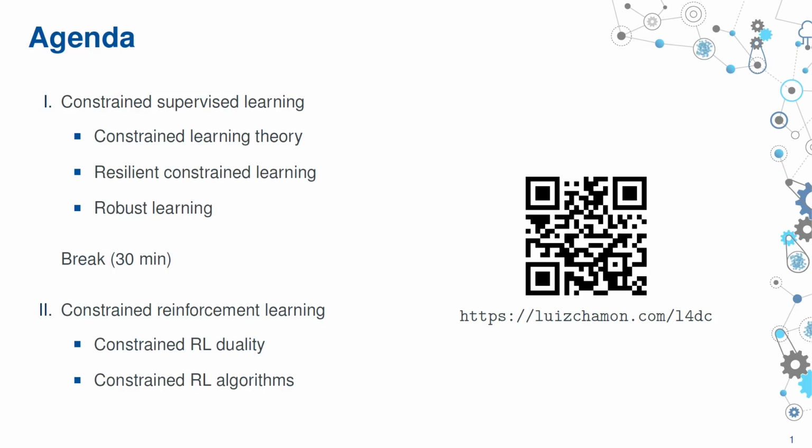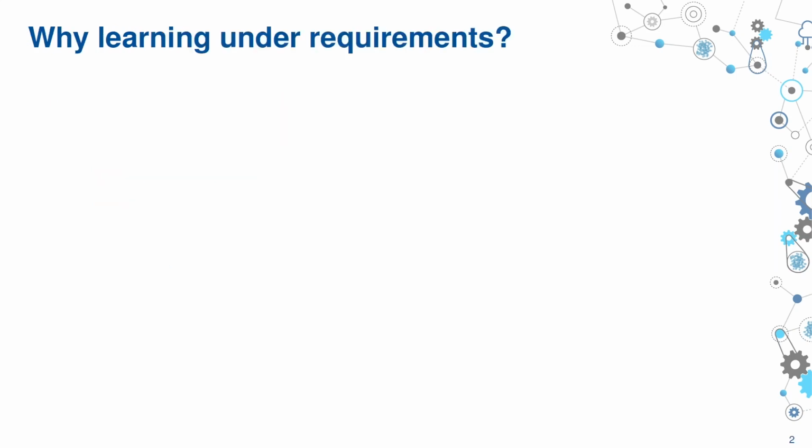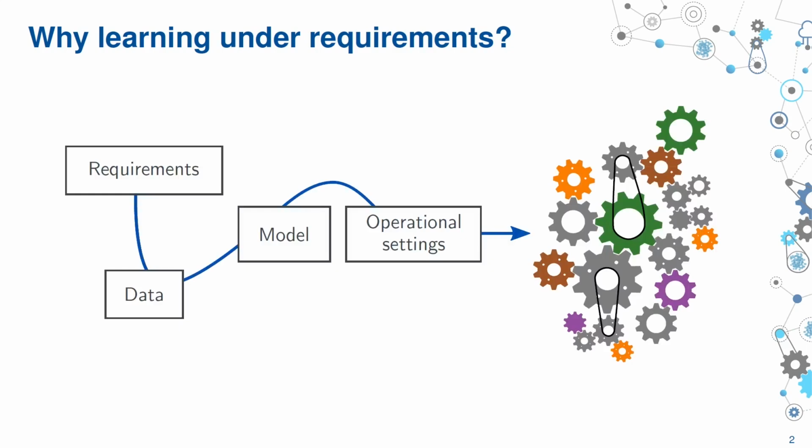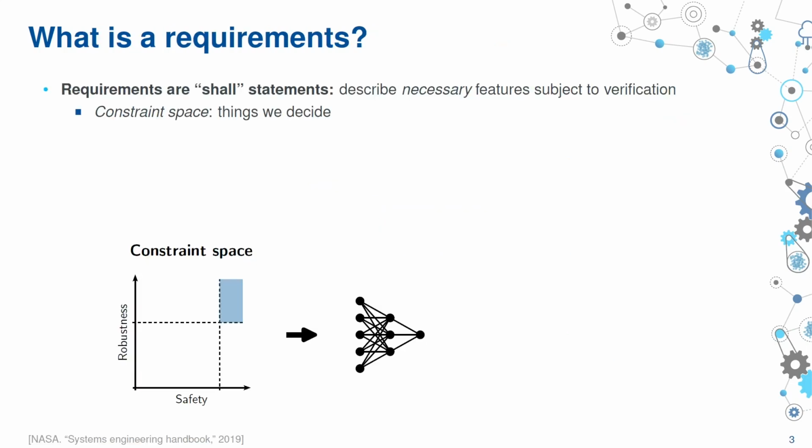Let's talk a little bit about why we should care about learning under requirements. For anybody that has done engineering, requirements are the basis of every system engineering project. We start by setting requirements, based on which we then collect data, build models, and optimize operational settings. What we mean by requirement here is what is meant in system engineering: what we call shall statements.